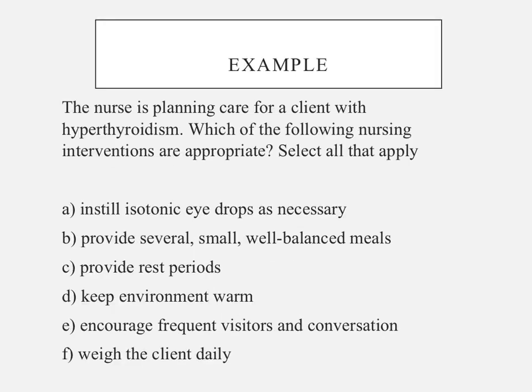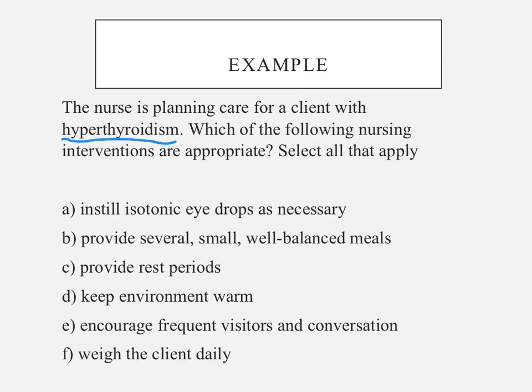Here's an example. The nurse is planning care for a client with hyperthyroidism. Which of the following nursing interventions are appropriate? Select all that apply. Okay, so stop yourself and think about hyperthyroidism and what that is.